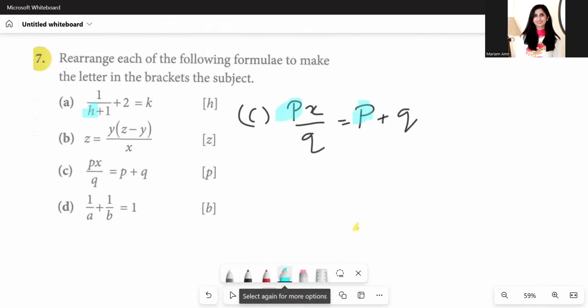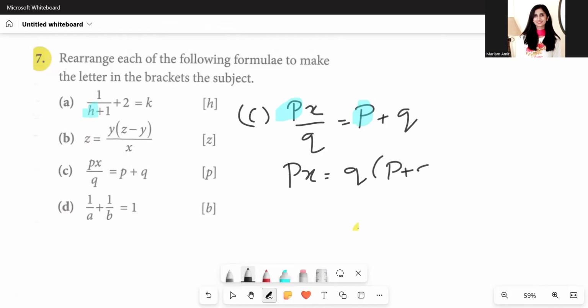We have P here and we have a P here. We need to make P the subject. There should be a single P in this question. So what we can do, we can start by cross multiplying. Px equals Q bracket P plus Q. So Px equals Qp plus Q squared.